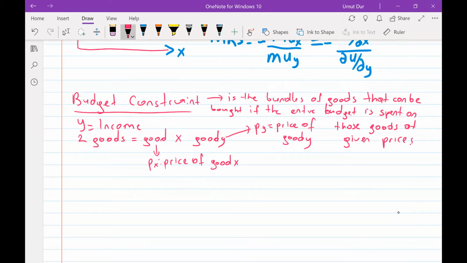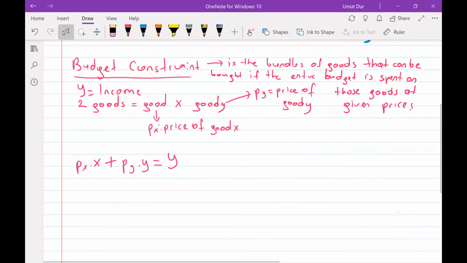So we can represent the budget constraint with Px times X. This is the price of X, this is the amount of X that you can buy, plus Py times Y is equal to Y. In order to make sure things do not mix, instead of Y we will denote income with I, and we will continue from there.